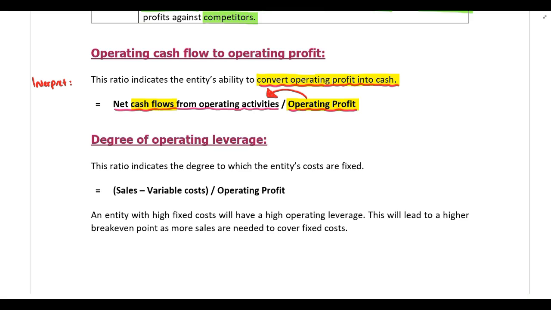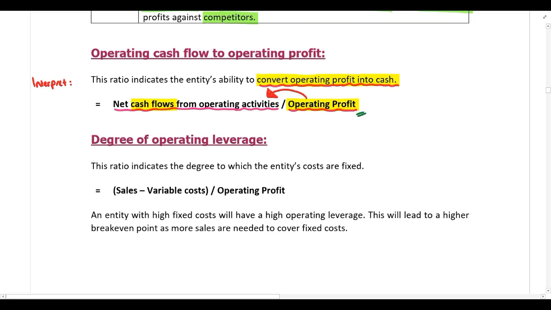And the reason why this formula is important, remember guys, we don't just want the company selling on credit to a lot of debtors, but then they can't actually collect the money from the debtor. Because remember, if the company has very easy credit terms and they sell a lot on credit, obviously their sales will be higher and the operating profit will be higher.